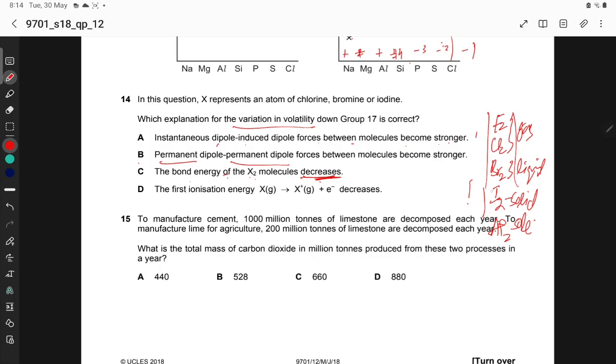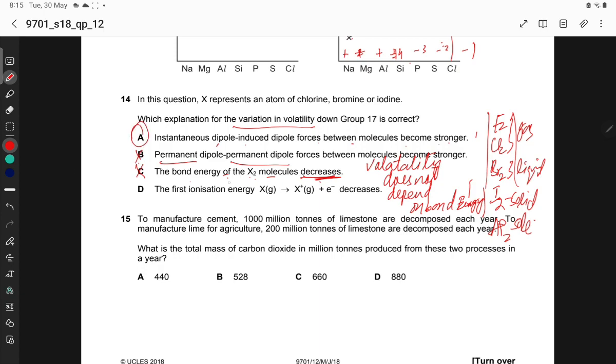But this has nothing to do with the volatility, as volatility does not depend on the bond energy. This is very important to learn. It depends on intermolecular forces, so C is also incorrect.